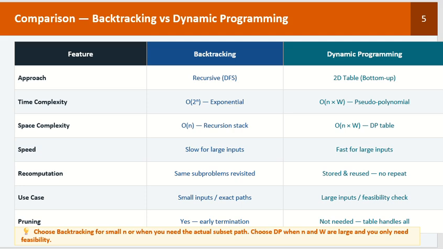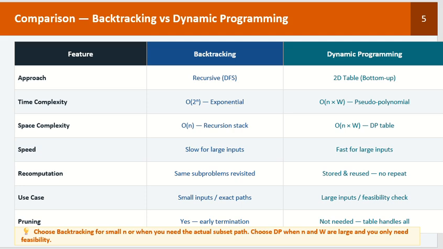The time complexity is big O of 2 raised to n for backtracking and n into W for dynamic programming. Big O of n is the space complexity for backtracking, and n into W for dynamic programming. Backtracking is slow, and dynamic programming is faster.